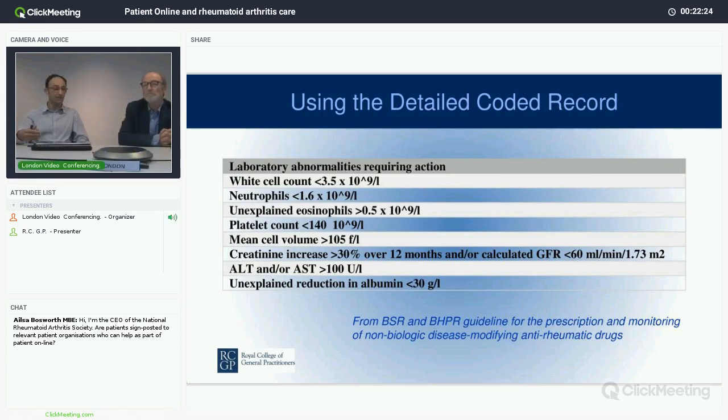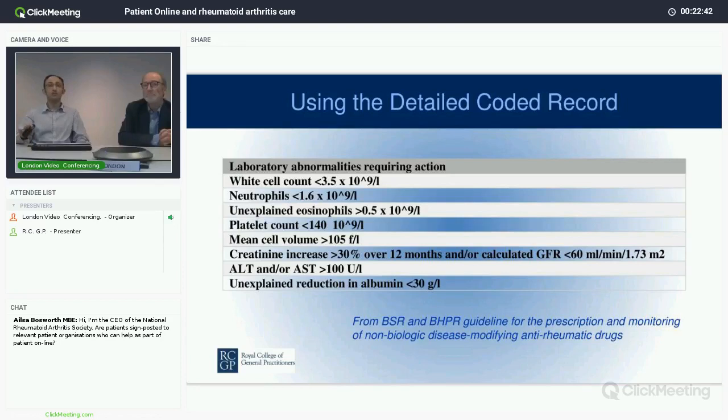And again, it's another way of getting the patients to become more engaged in a positive way. And not only that, it provides a safety net for the practices and the teams.